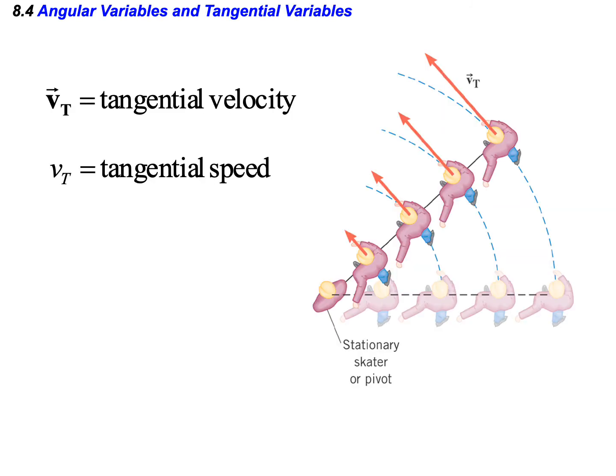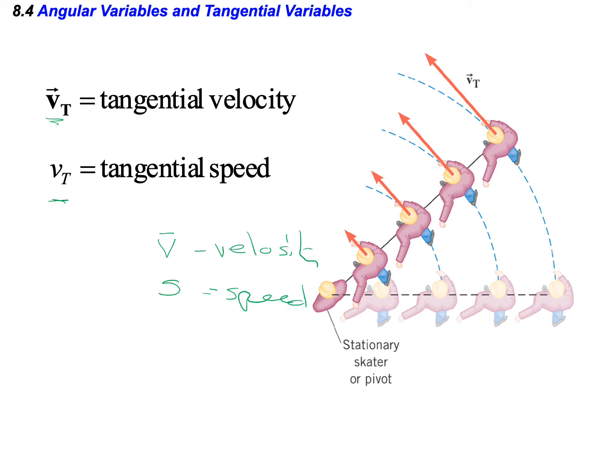Okay, now we're going to derive an equation for tangential velocity or speed. So in the linear case, we use V for linear velocity. We didn't use a special character for speed, but normally we use S for speed. This is for the linear case.